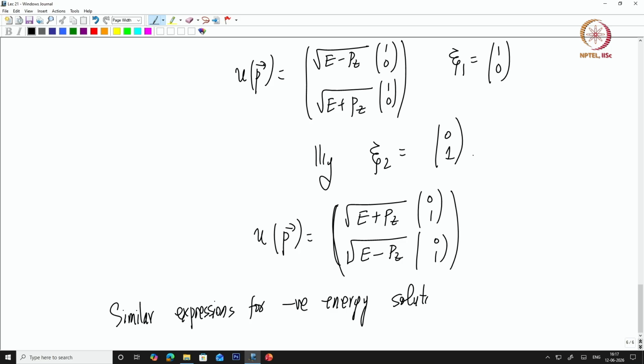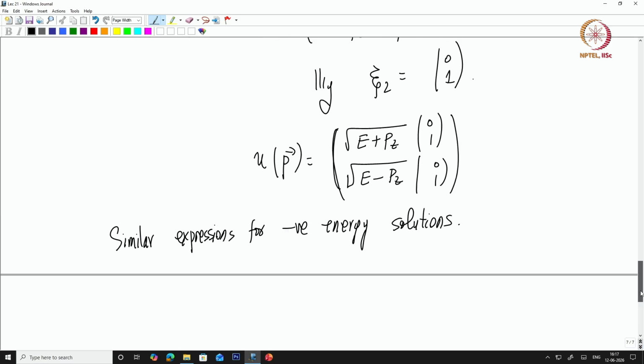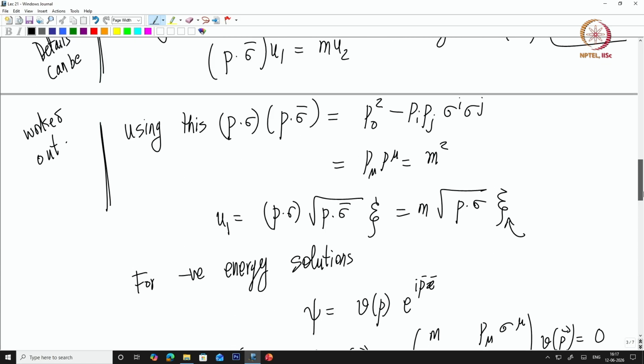Now, I know that I am rushing because I am not going into the details of writing down explicitly all the plane wave solutions, but what is more important are the inner products and the outer products of these spinors, which will play a big role in our computations.